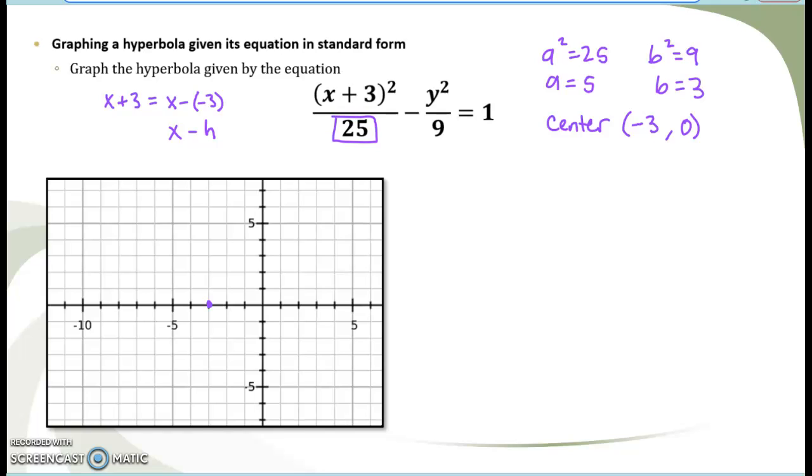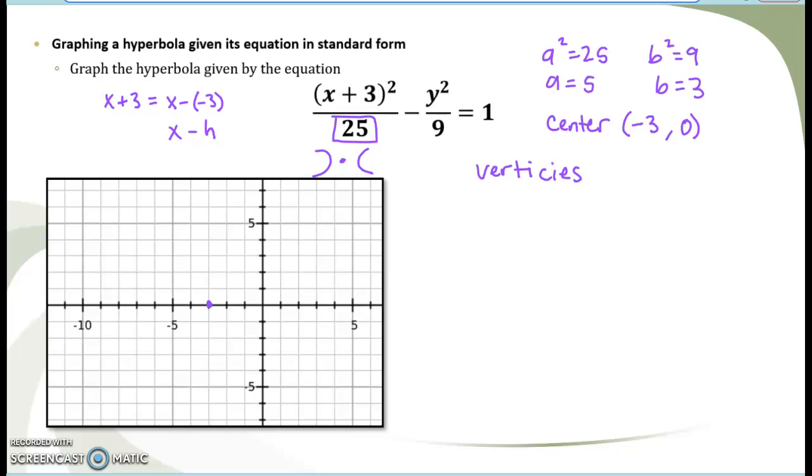Now we can plot the vertices. Before we plot the vertices, we need to decide if it's going to open sideways or be up and down. In this case, our a squared is over our x squared part, which tells me it's going to be opening sideways.